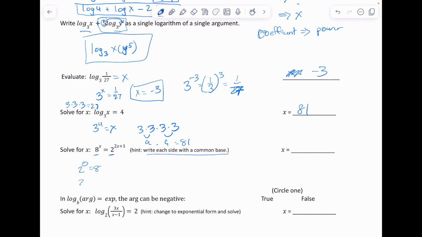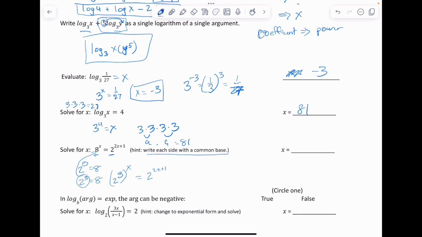That magic number is going to be 2 to the 3 power gives you 8, because 2 times 2 times 2 equals 8. So we can substitute this in here. 2 cubed to the power of x equals 2 to the power of 2x plus 1.